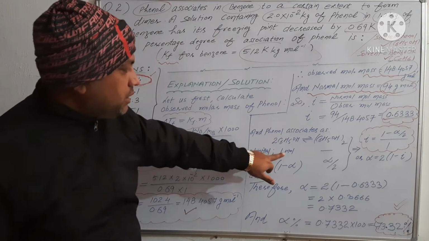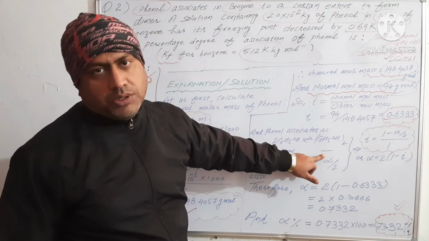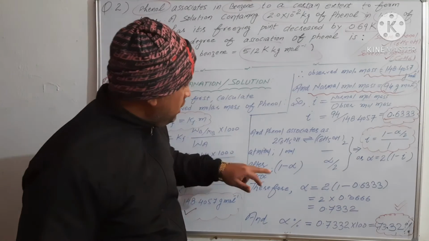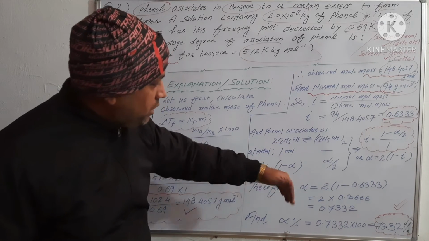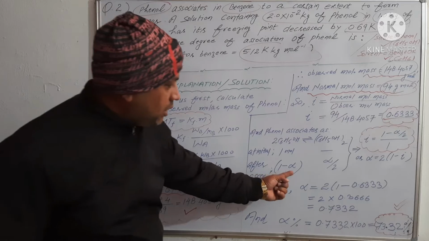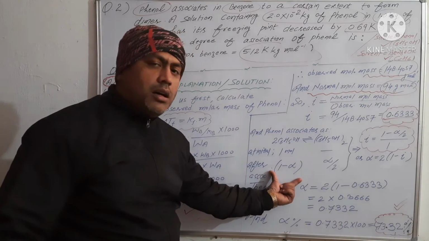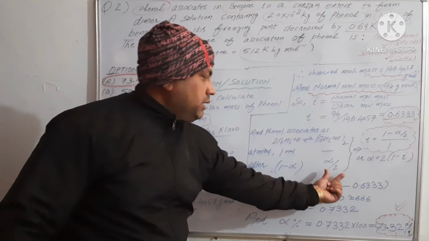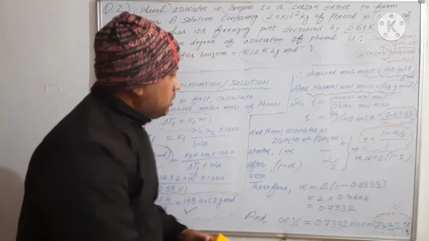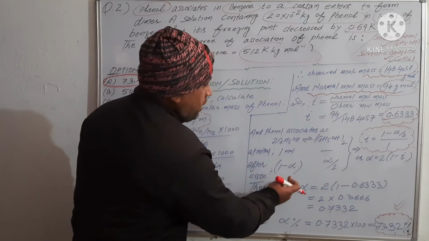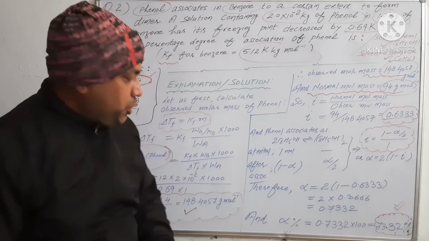Initially, when we take 1 mole of phenol, there is no association. After association, the number of molecules undergoing association is alpha. So these molecules decrease: 1 minus alpha are the unassociated molecules and alpha by 2 are the associated molecules, because the ratio is 2:1, decreased by alpha and increased by alpha by 2.